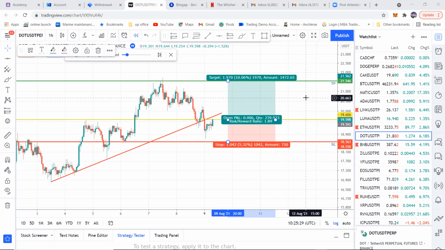So you'd have to win 50% of your trades just to break even. It's much better if you can get, and I like to get, around what we've got here, 1.89 or 2. If you can get 3, that's awesome as well. It just means you've got to risk less money to potentially make more.